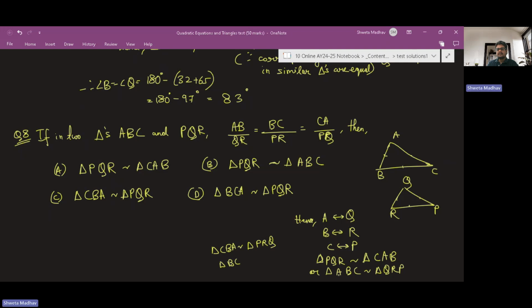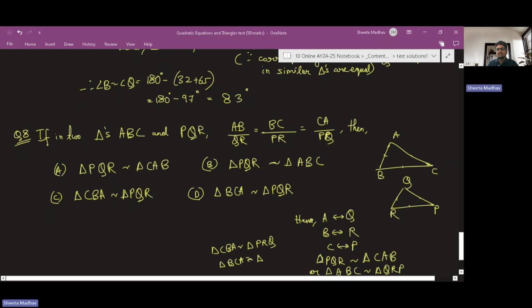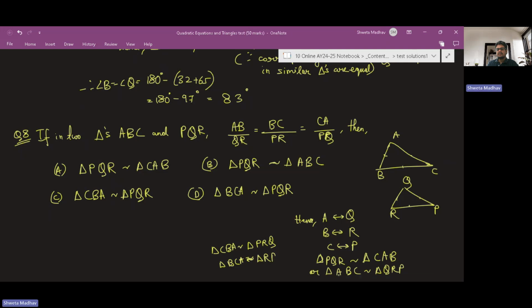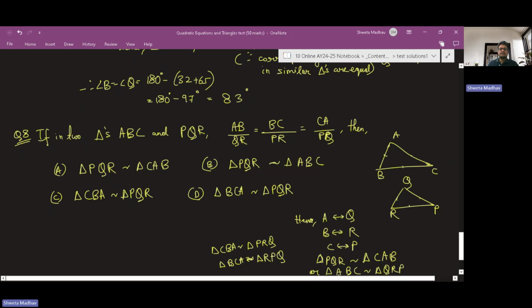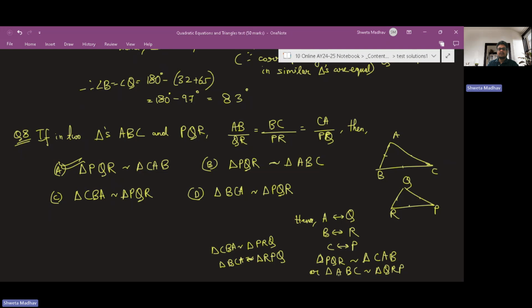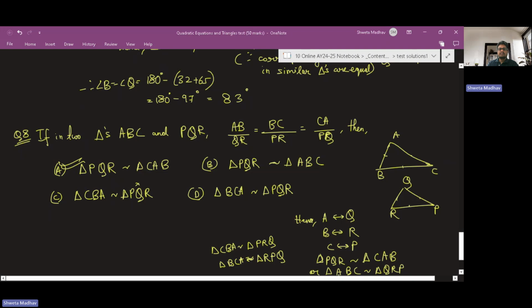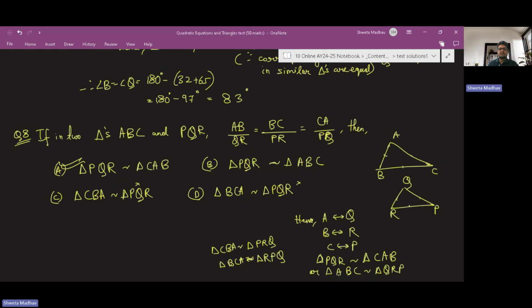And triangle BCA will be similar to triangle RPQ. So hence option A is the correct answer, since ABC will be similar to QRP, not PQR, and CBA will be similar to PRQ, not PQR, and BCA will be similar to RPQ. So all the B, C, D options are wrong, but option A is the correct answer.